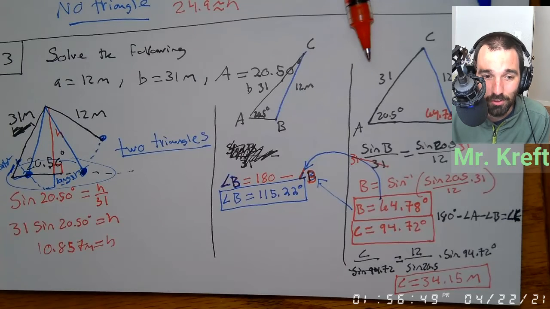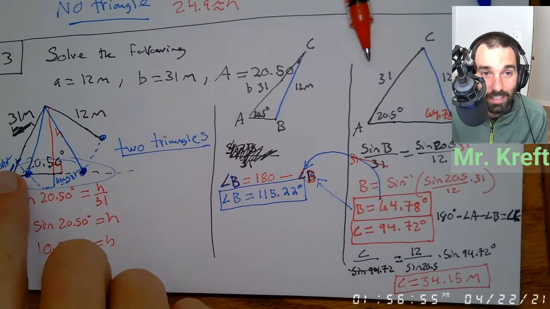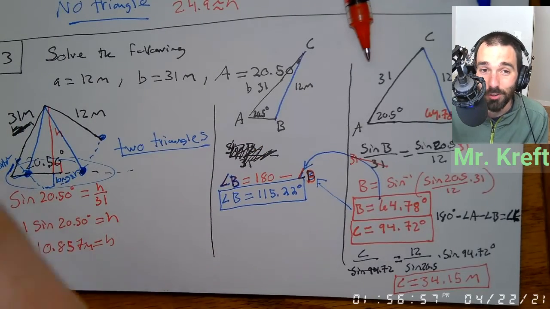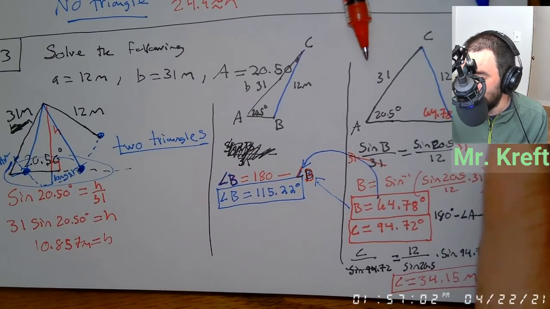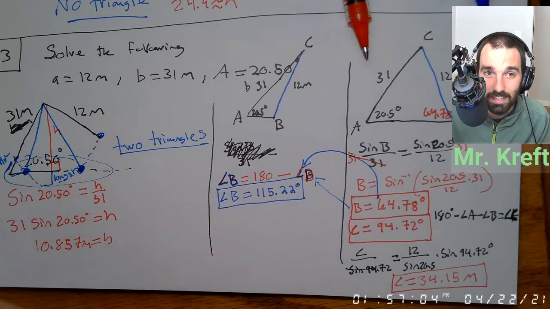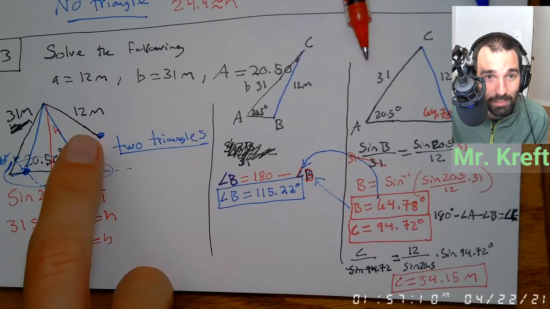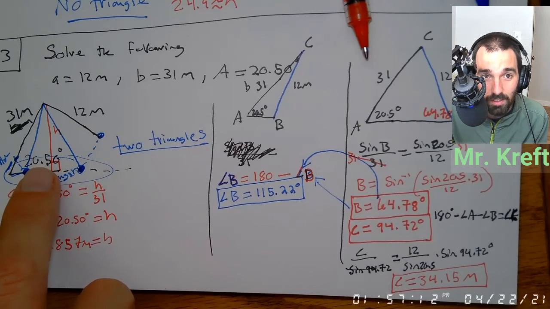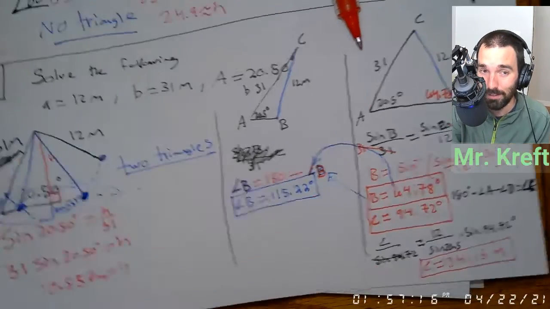Now I'm running out of time, so I'm going to have to finish this problem. But what's happening is that these two angles are changing, but this angle is staying the same. So they should still add up to 180. So all you're doing here by rotating through like this, and if we have extra time, I can prove that to you, is the reason that what's going, so that's one way of thinking of it, right? Is I can do a triangle summation proof, or you can think of it as the way that your calculator is working.